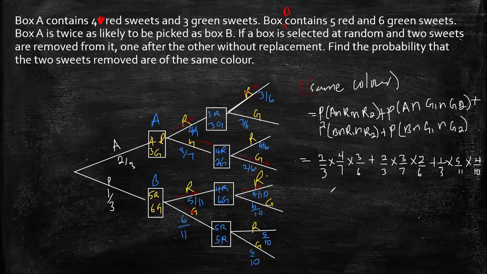Then lastly we add, we pick green, which bag B, which is a third, times 6 out of 11. Then times 5 out of 10. Two times 4 times 3.